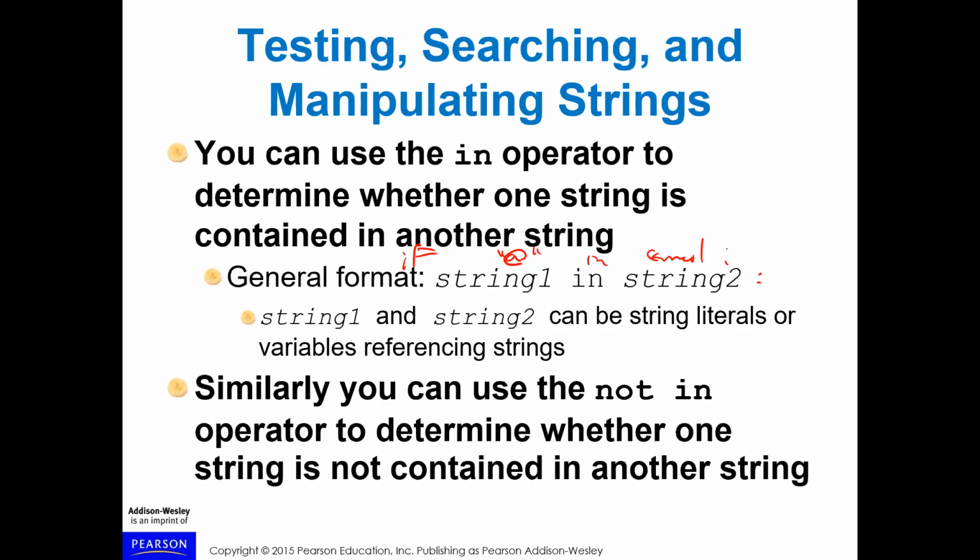Similarly, of course, you could use the not in operator to determine whether one string is not contained in another string. So that's when you would say, if @ not in email, then that means issue a message, not a valid email address. Make sense? Are there any questions so far?